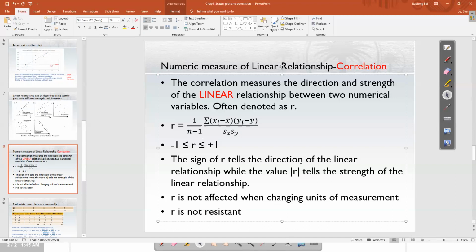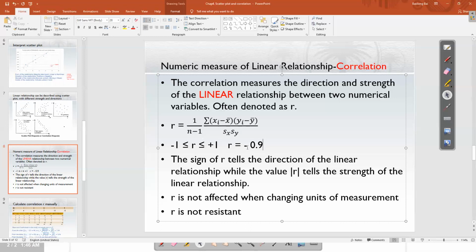So we know what the correlation is. The sign tells the direction and the value tells the strength, right? For any correlation value I give you, for example, if I say correlation R equal to -0.9, can you tell me what kind of relationship it is? Look at the rule.